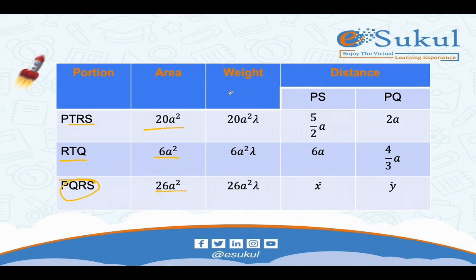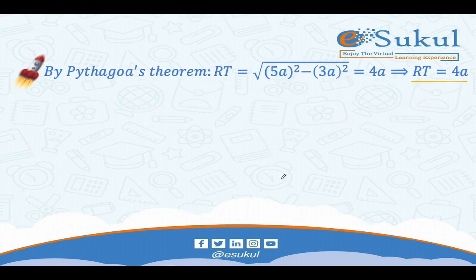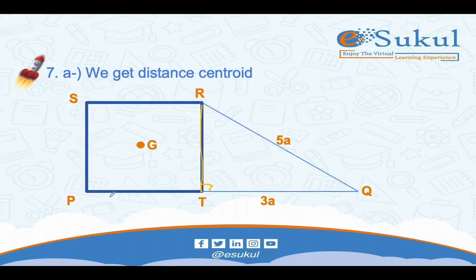Now the weight will be the lambda attached, since lambda was the weight per unit area. So we then have the weight as 20 a square lambda for the PTRS, and same for the RTQ and the whole composed lamina. Now the distance centroid, we have PS and PQ. We remind ourselves, coming back to the figure, here we have PS.